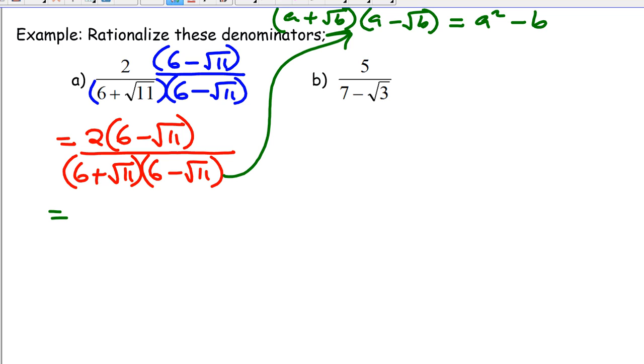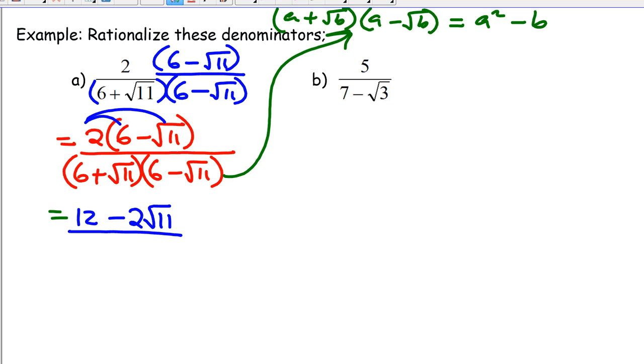So in our case here, let's start with the numerator. We have to simplify the numerator, which means you have to multiply this by that and that by that. So what we'll end up with here is 2 multiplied by 6 is 12, minus 2 multiplied by 11 is 2 root 11, over.